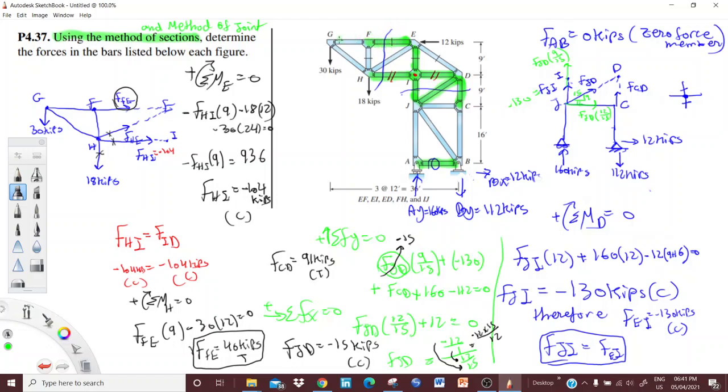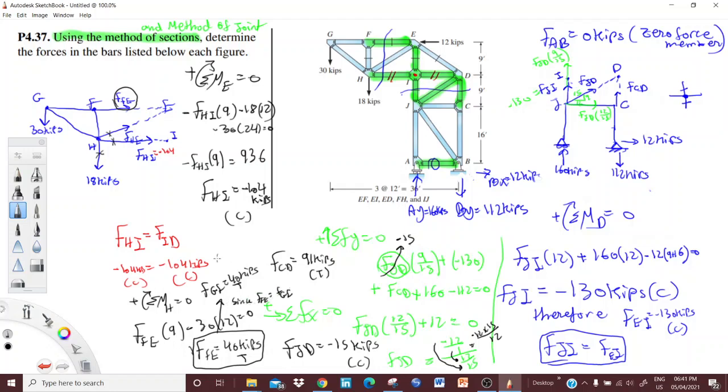But since this one is collinear, therefore Fe also equals Jf, therefore Jf is equal to 40. Okay, is black. Therefore Fg is equal to 40 kips tension, since Fe is equal to Gf.